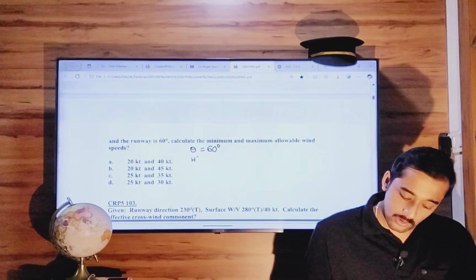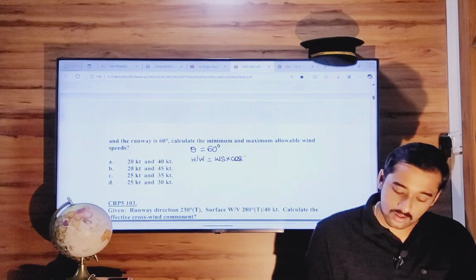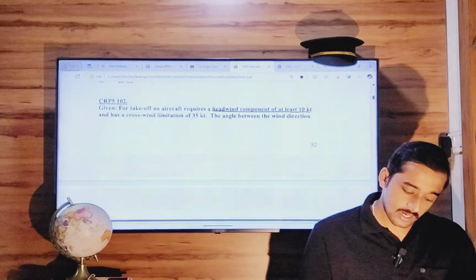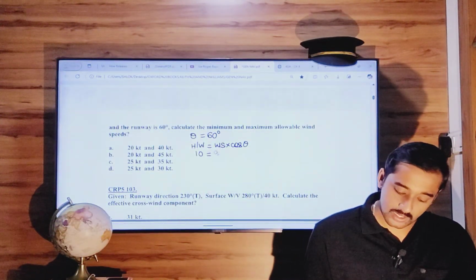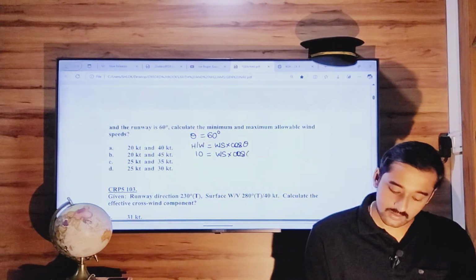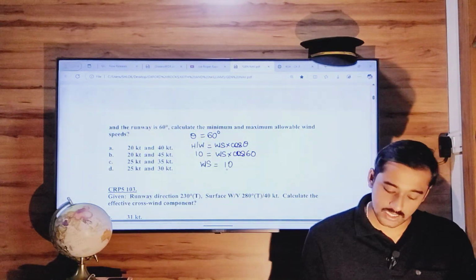The headwind component formula is wind speed into cos theta. What is the minimum headwind component required? 10 knots. So 10 knots equals wind speed into cos of 60. So wind speed will be 10 divided by cos 60, which is half.